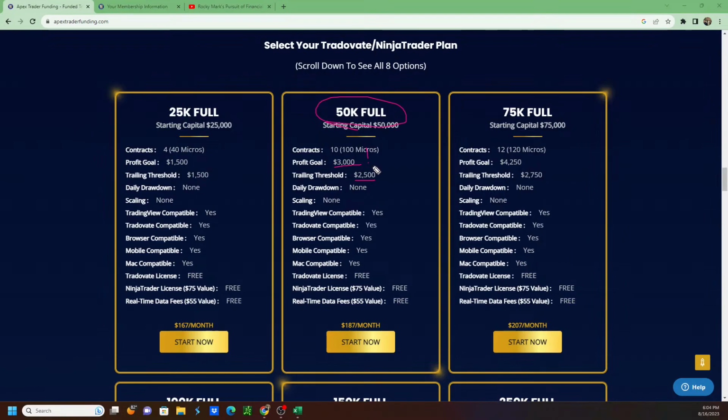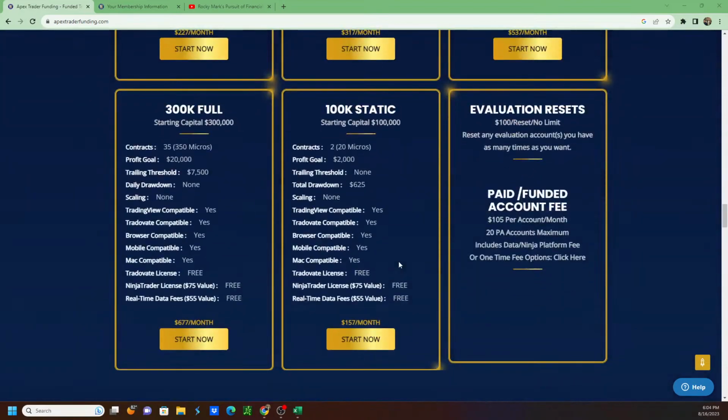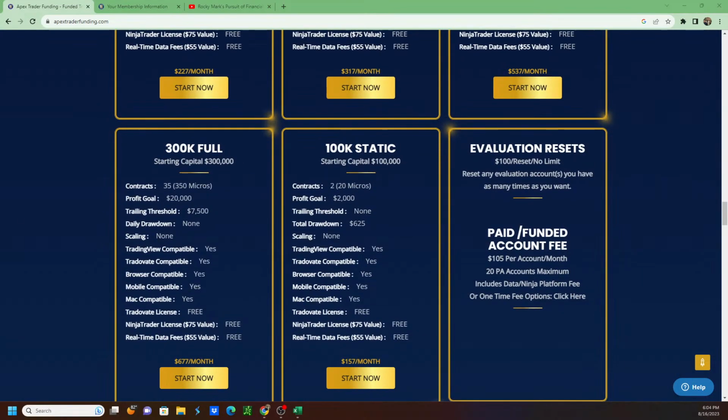I have a full month to do it, and I'm happy to say that I hit it on the 3rd day, where on this 50K full account, I hit the profit goal of $3,000, and I'll show that on the next page. So 1 out of the 2 has been met. The second one is just the 100K static. So with the 100K static, I have a profit goal.